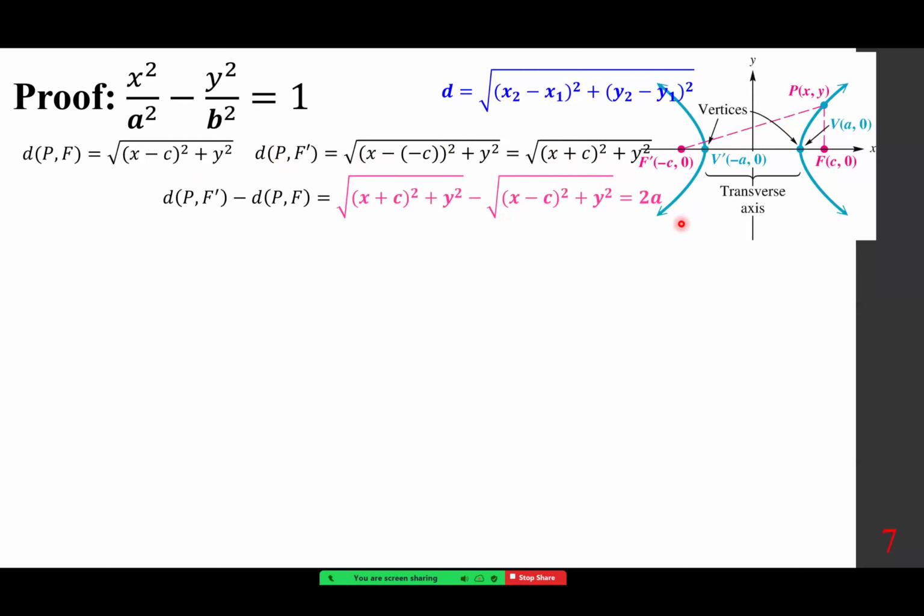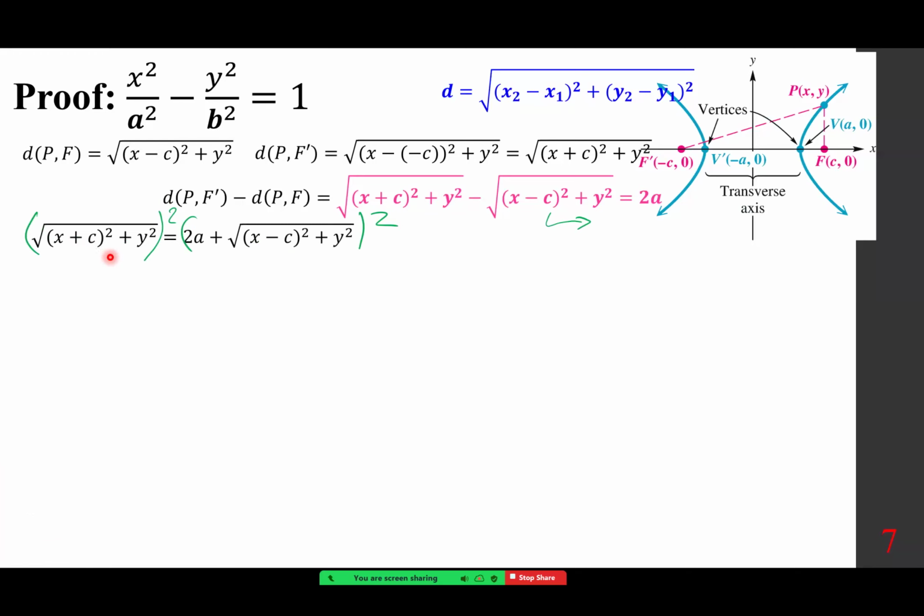This has a negative sign. We move it to the other side, everybody, and it becomes positive. We are going to raise both sides to the power of 2.